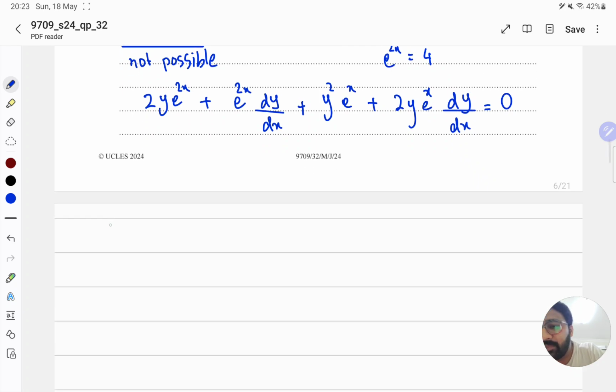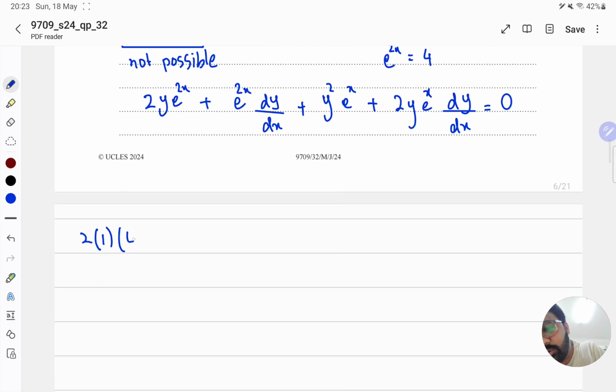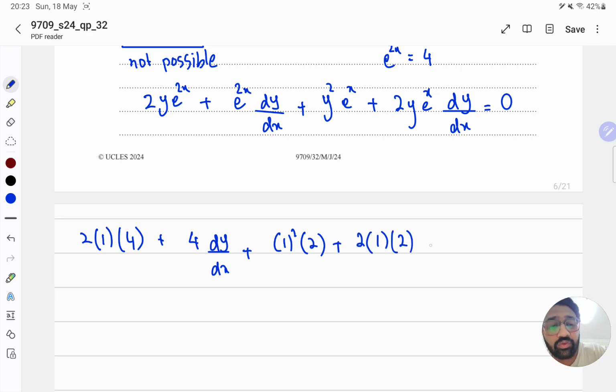So it will be 2 times y, which is 1, and then e raised to the power of 2x, which is 4, plus e raised to the power of 2x, which is 4, into dy over dx, plus 1 square. e raised to the power of x is 2, plus 2 times y, which is 1, so it is 2, dy over dx, and equal to 0.